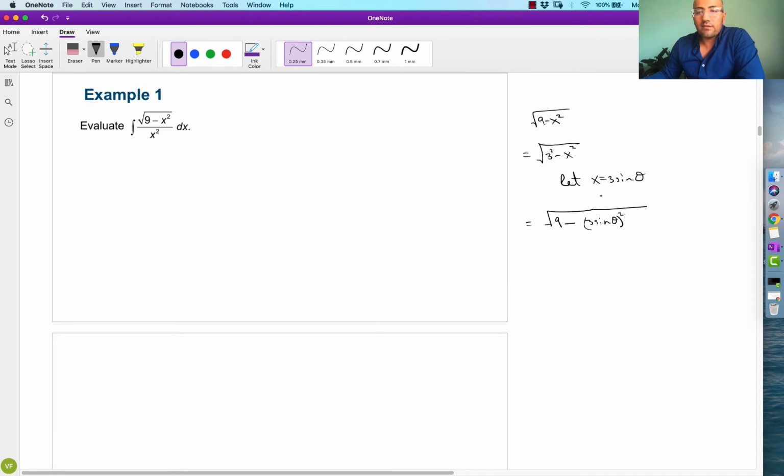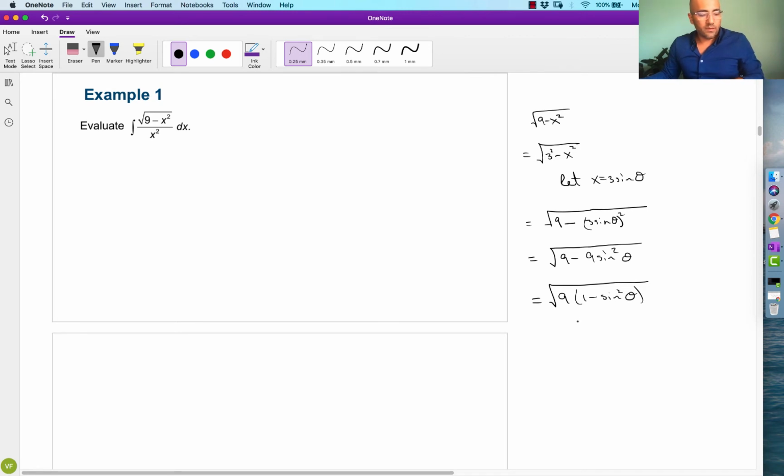Right, instead of x. And now we just simplify that, and we end up with the square root of 9 minus 9 sine squared theta, which equals the square root of 9 times 1 minus sine squared theta. Good.